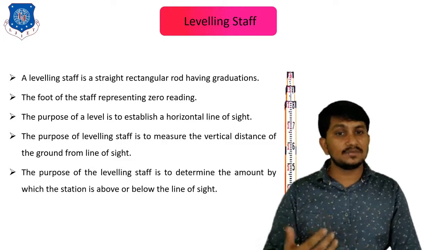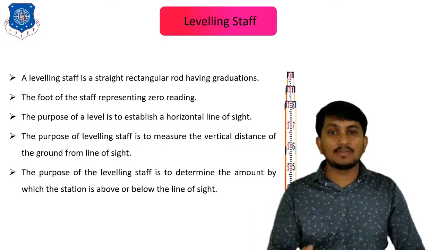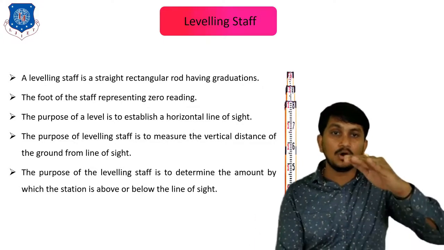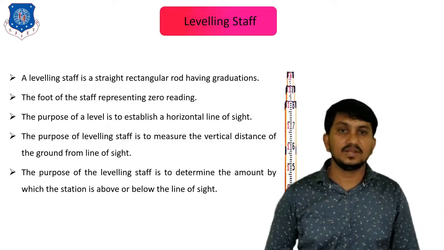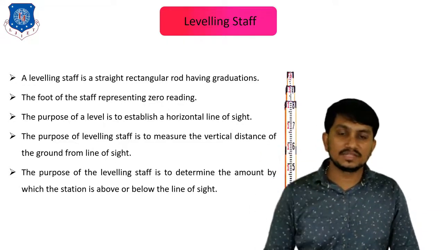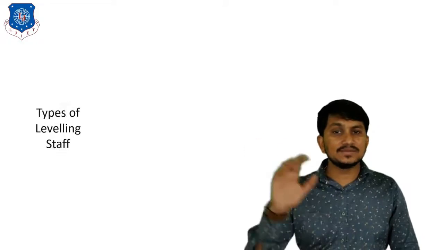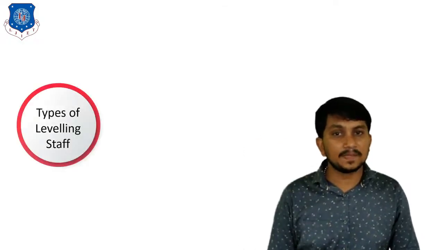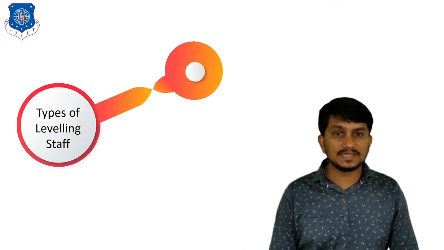The purpose of the leveling staff is also to determine the amount by which the station is above or below the line of sight. Okay, this is called a leveling staff. There are various types of leveling staff available in the market. Mainly it is of two types.